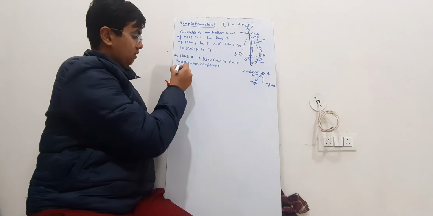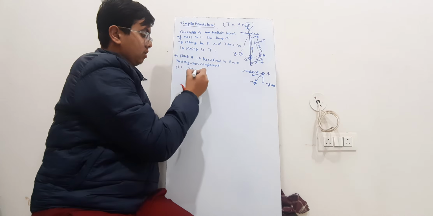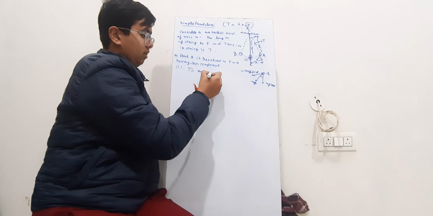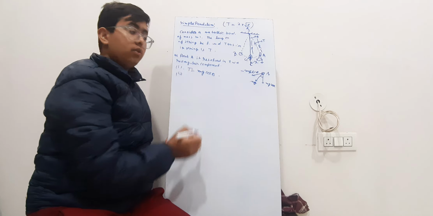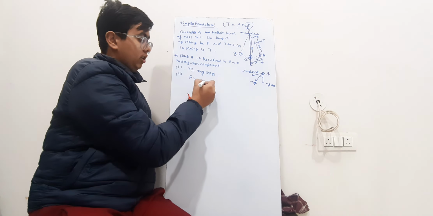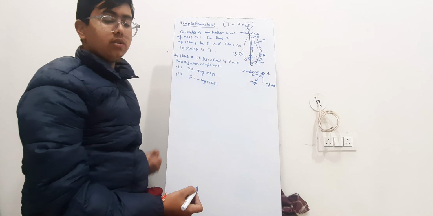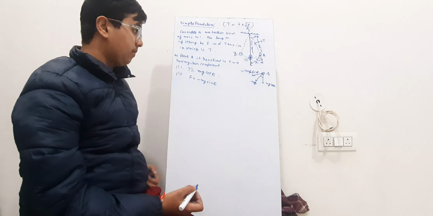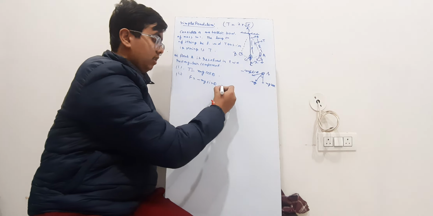First is the tension or force, T is equal to mg cos theta. Second is the force against displacement, F is equal to minus mg sin theta. The minus sign indicates the force is exerted against displacement x. This is equation number 1.